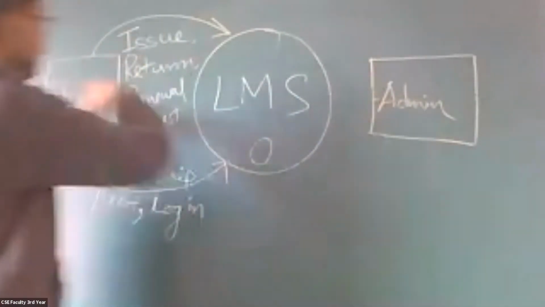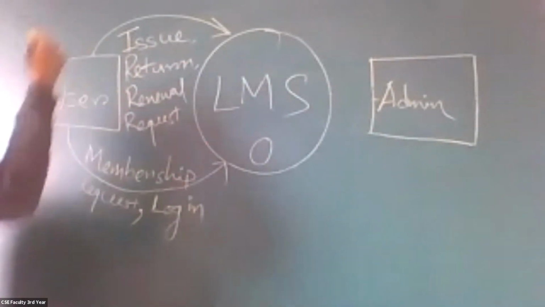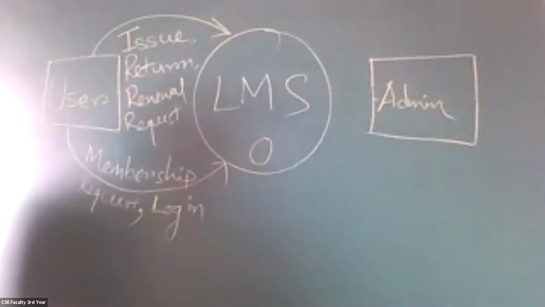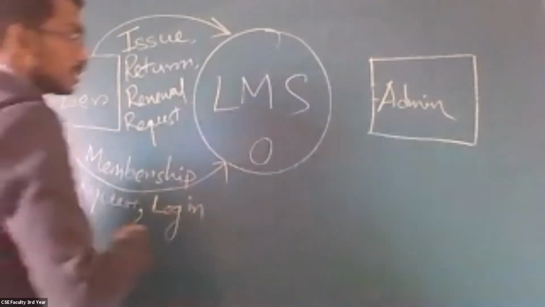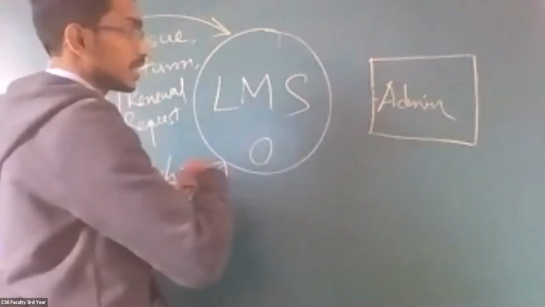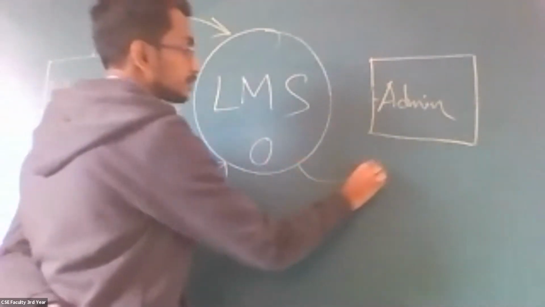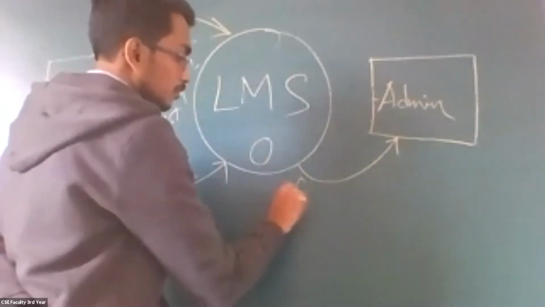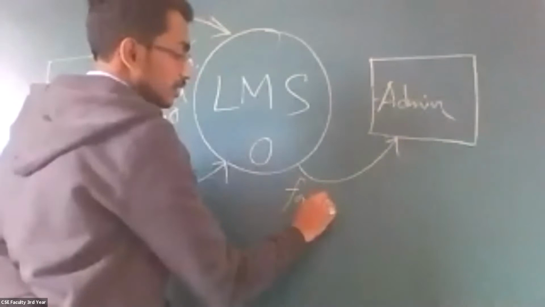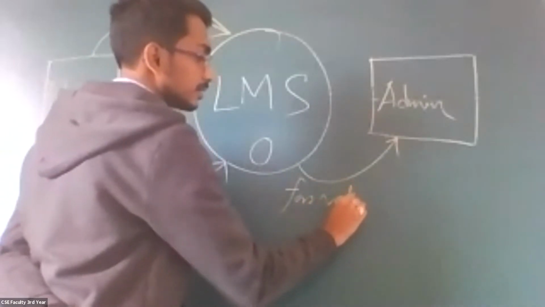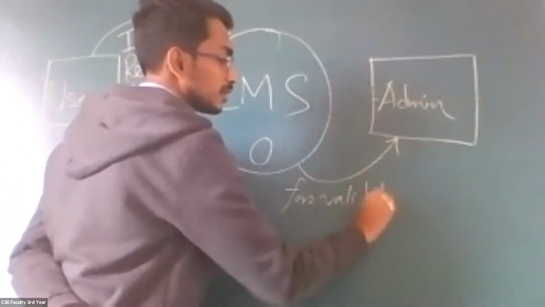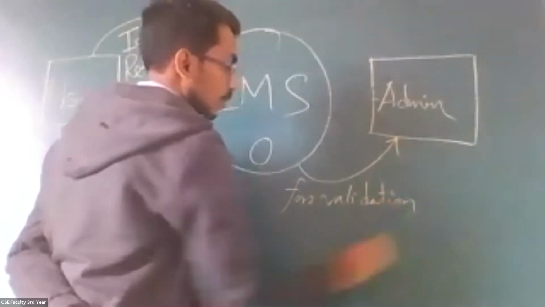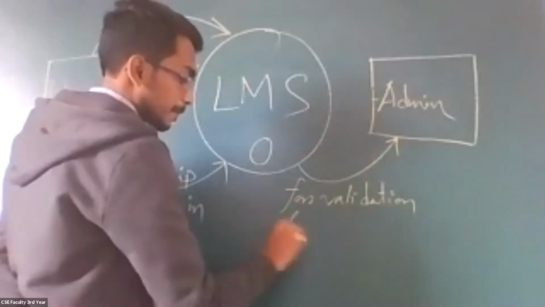Anything from the user is requesting for a book, or user is requesting to access the library management system, that means the membership or login, anything from the user side, for validation of user request.